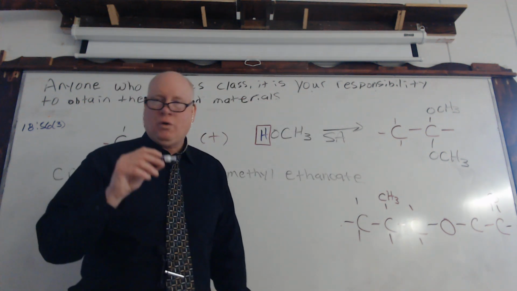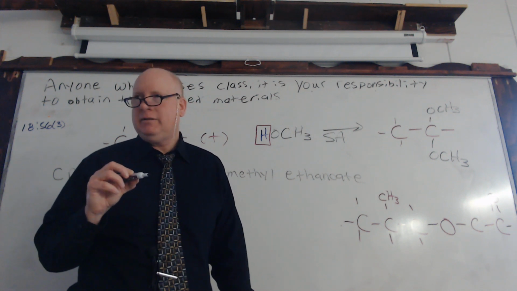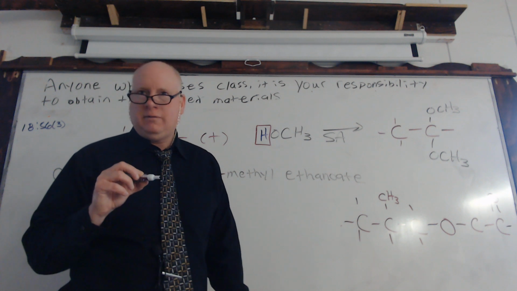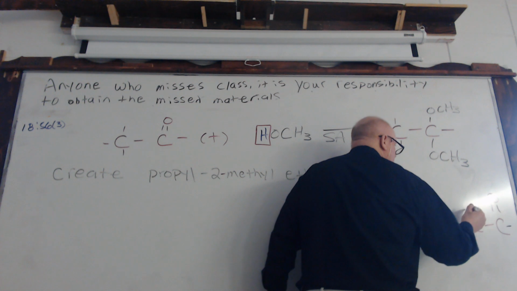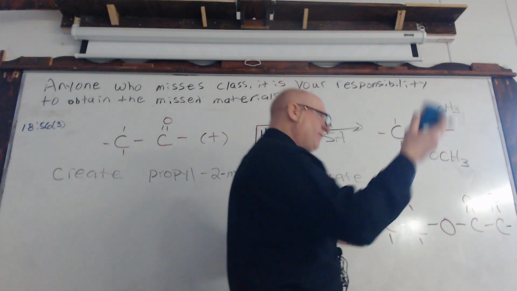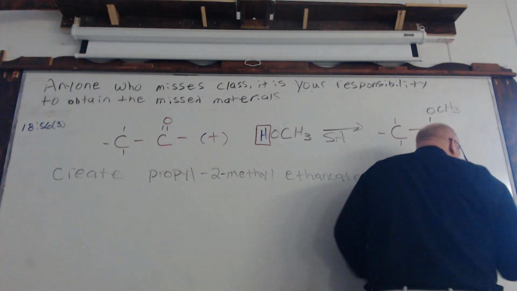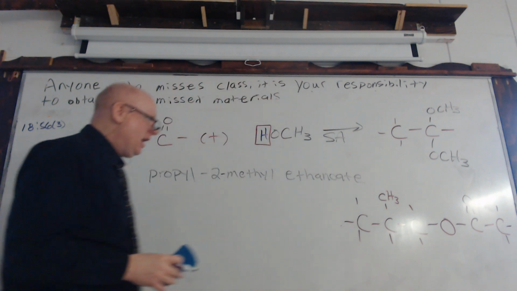Because what does the organic family of an ester have to look like? Yes, it has to be next to this carbon. It can't be on that one. It's got to be here. And, oh, where's my eraser? Okay. So now we've got our ester.